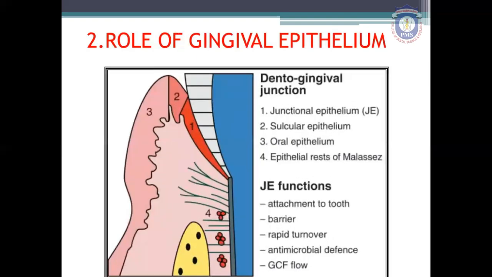Now, coming to the second factor, that is the role of gingival epithelium. Gingival epithelium includes three parts mainly. The first one, represented as 1 in this figure, is the junctional epithelium, which helps to attach the gingiva to the tooth surface. Next is 2 in this figure, the circular epithelium, which lines the inner surface of the gingival sulcus, and 3, the outer epithelium.